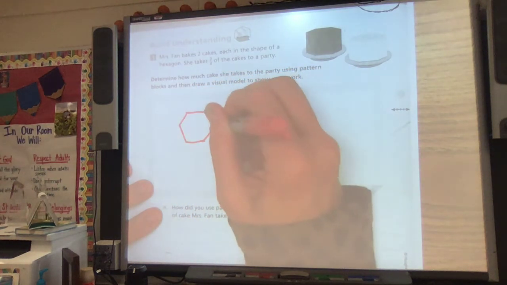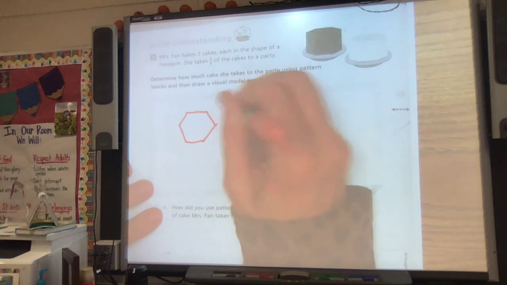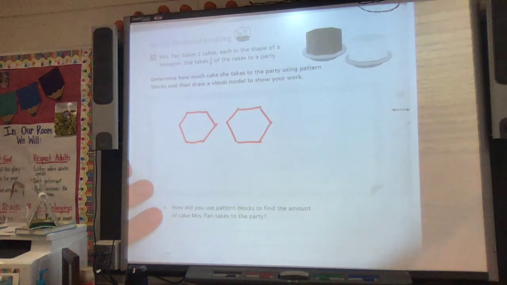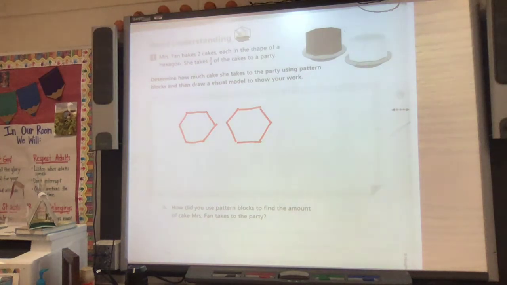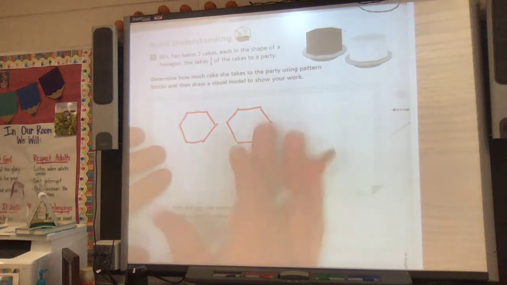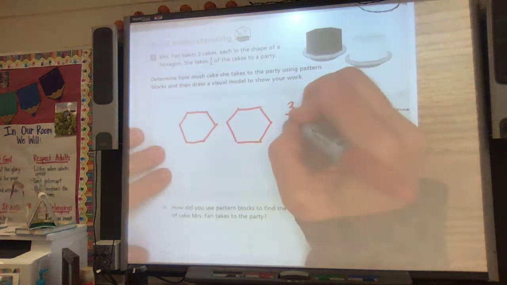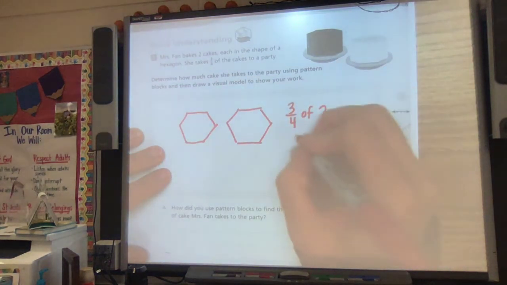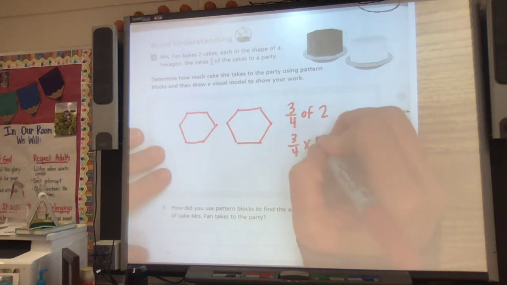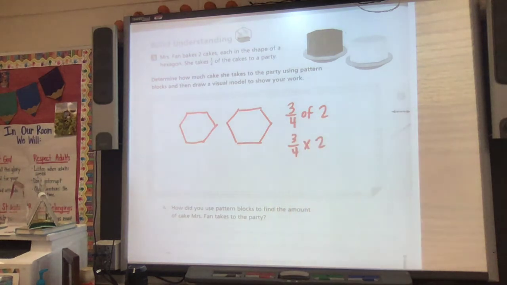So she's baking those 2 hexagon cakes, and she takes 3/4 of those cakes to the party. So 3/4 of the 2, which is like 3/4 times 2.